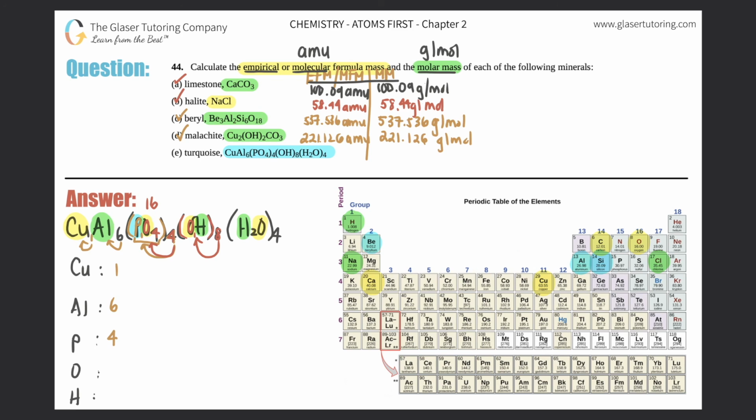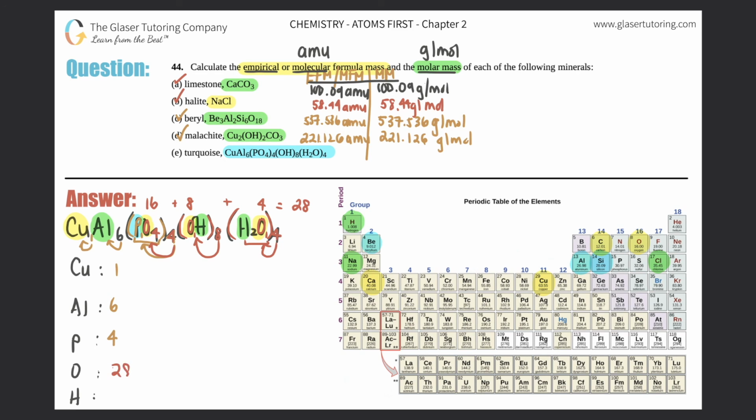So how many total are there, really? There's 8. And in here, this oxygen has this total, right? There's 1 inside, but there's 4 divvied up between the whole parentheses, so there's 4 oxygens here. So there's 16 plus 8 plus 4 total oxygen. 16 plus 8 plus 4 is 28 oxygens.